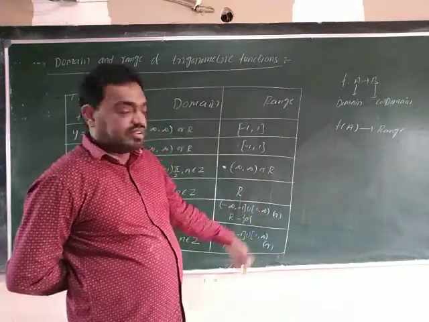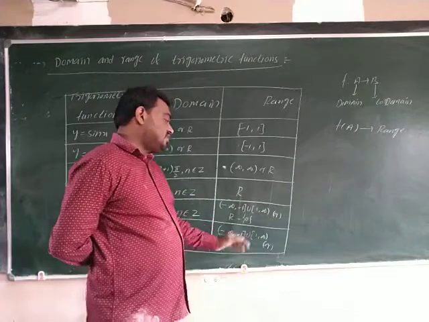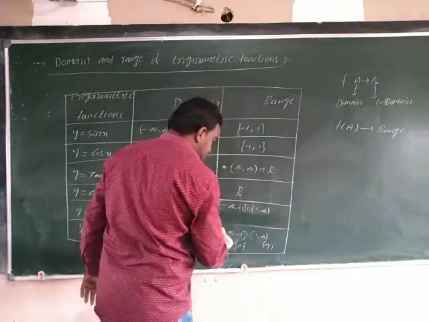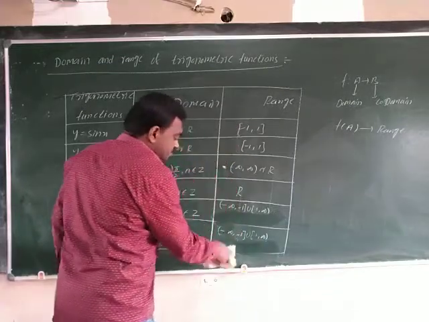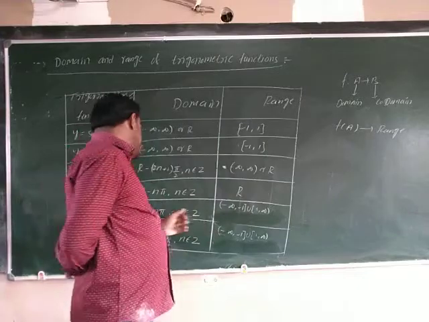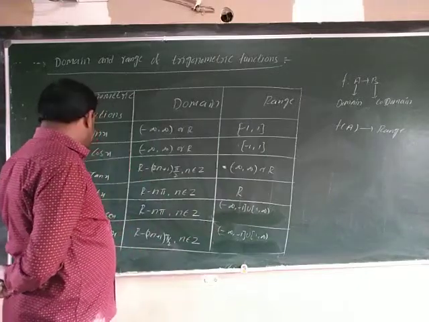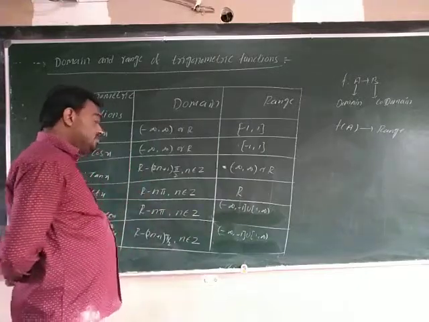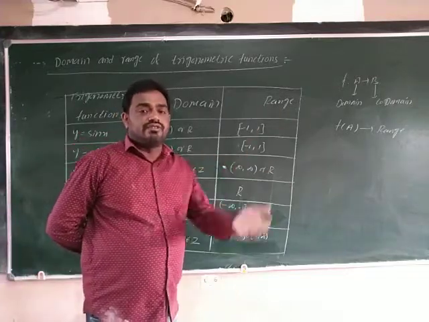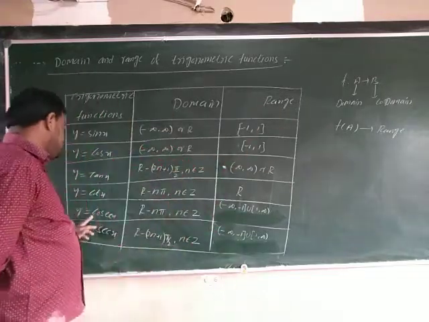Just remember this, it will be difficult to remember. Cot x range is R. Cosec x values are less than or equal to minus 1, greater than or equal to 1.